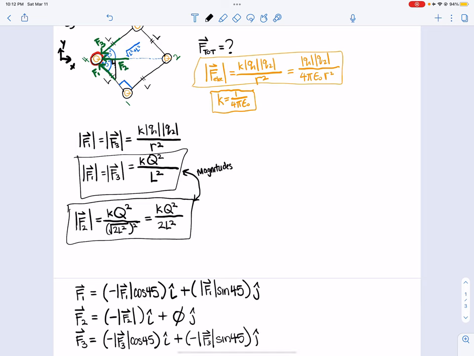And that's in the j hat direction because it's pointing down. And remember, F1 magnitude is equal to F3 magnitude. So these guys are going to cancel out later, which is perfect. That's what we wanted. That's why we tilted the square 45 degrees.